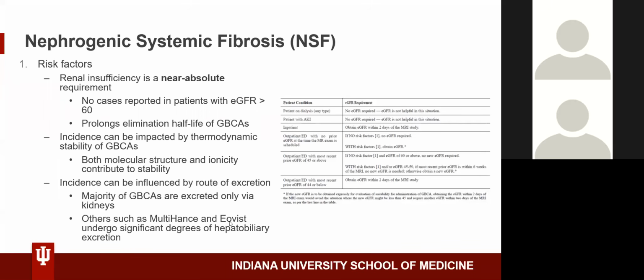And that's why if we look back at that table, Eovist isn't used nearly as much or hasn't been administered nearly as many times as some of those other GBCAs, but because it's splitting its excretion from the body between the kidneys and hepatobiliary pathways, it kind of gives the kidneys a break. So there haven't been very many, if any, NSF cases associated with Eovist because the burden on the kidneys isn't so great.